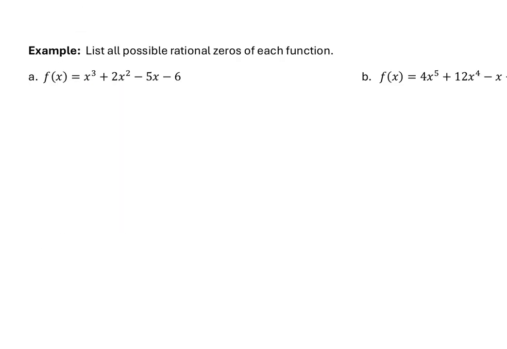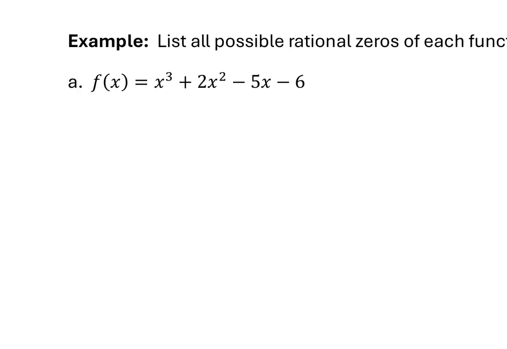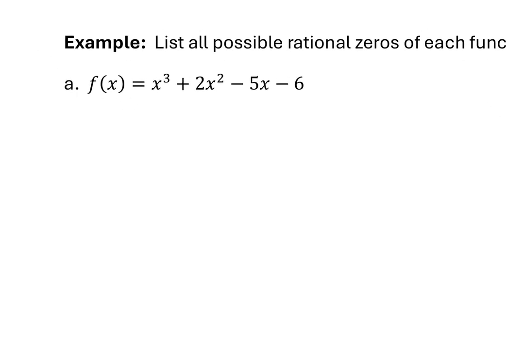We're just going to start with finding the possible rational zeros of each function. To get us started, we're going to start with one that's pretty easy. Remember that the only thing we care about is the possible zeros. We're not going to actually figure out which ones are zeros; we're just looking for possibles.